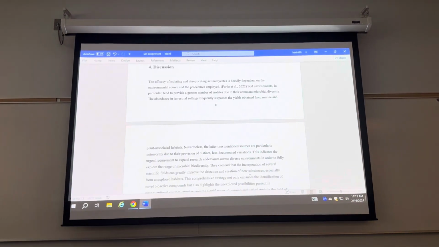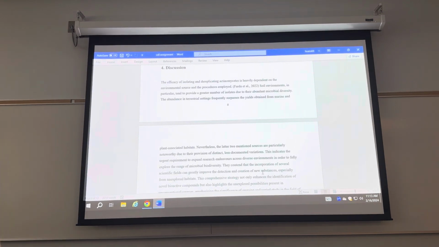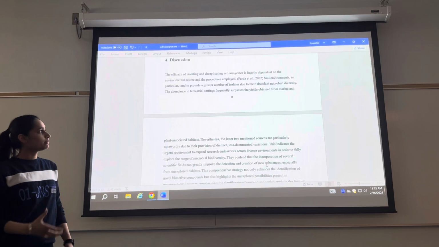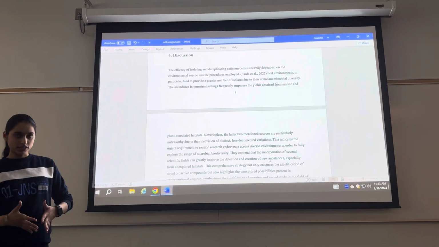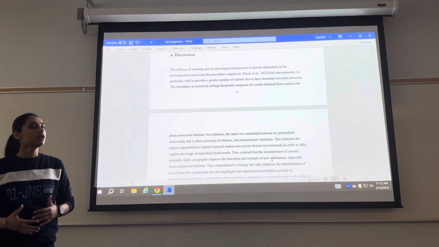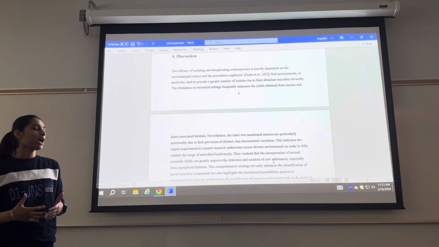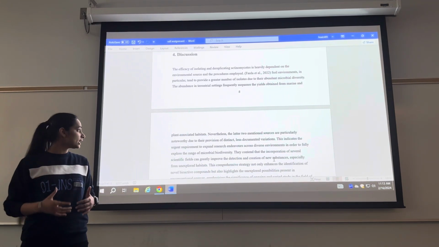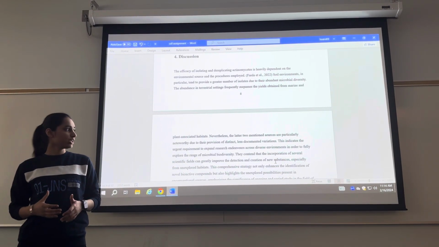So for the discussion, we can say that the soil environment in particular tends to provide a greater number of isolates due to its abundant microbial diversity. This abundance in terrestrial settings frequently surpasses the yield obtained from marine and plant-associated habitats. Nevertheless, the two mentioned sources are primarily noteworthy due to the provision of distinct, less documented variations.